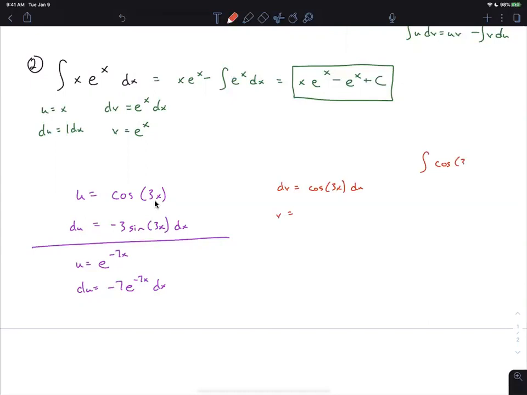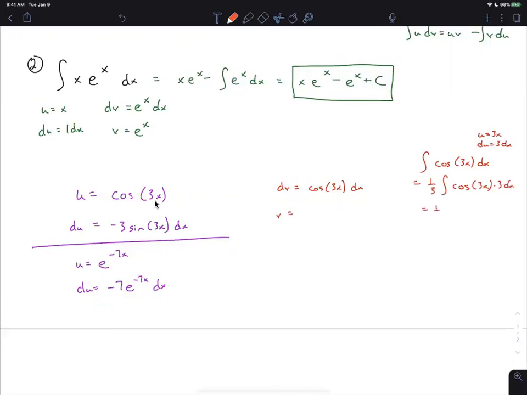So you do the antiderivative of cosine 3x dx, and that's technically a u substitution problem. But u is 3x, du is just 3 dx, so you multiply inside by 3 and outside by 1/3.